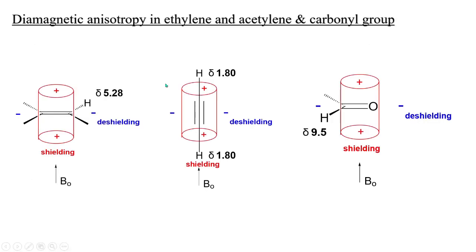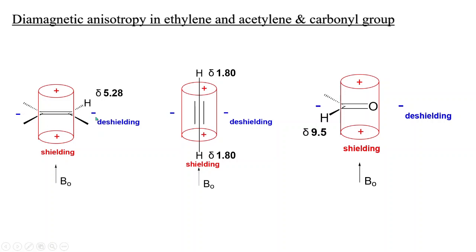So now I will explain the diamagnetic anisotropy in ethylene, acetylene and carbonyl group. First come to the ethylene molecule. In the ethylene molecule, this double bond generates an induced magnetic field which generates two types of effect. One is shielding effect, one is de-shielding effect.